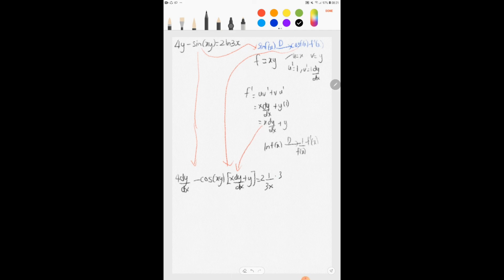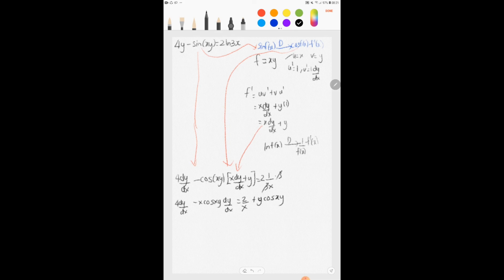Now we are going to expand that one. So we have 4 dy/dx minus x cos xy dy/dx is equal to, this one cancels out, so you get 2 over x, and then we expand that one, we have plus y cos xy.